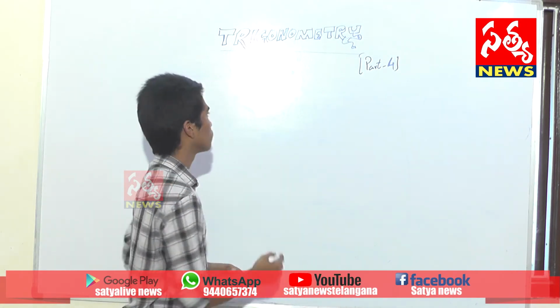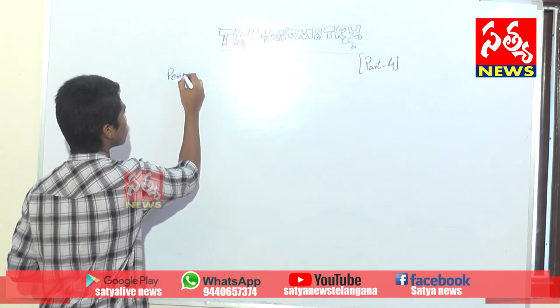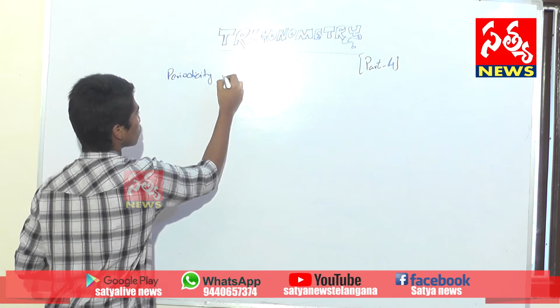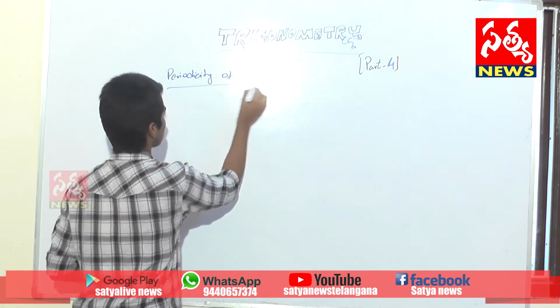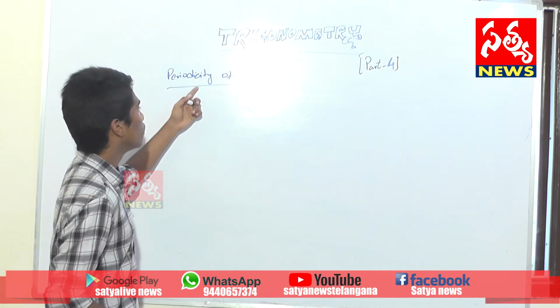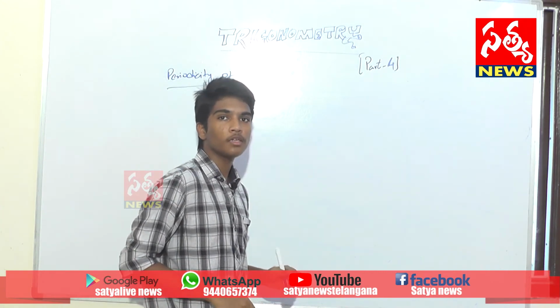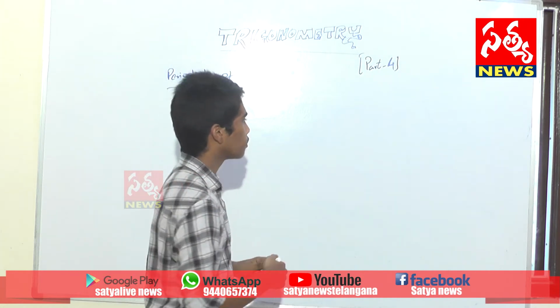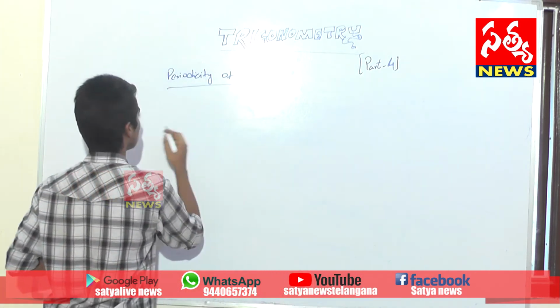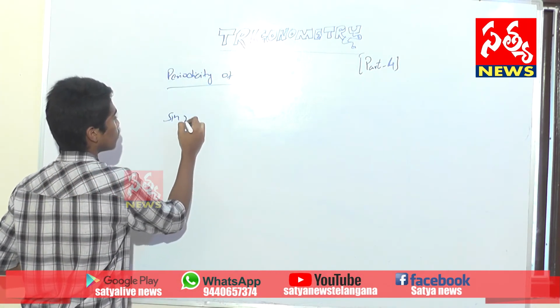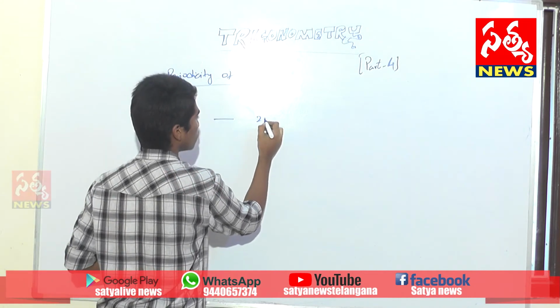Now let's discuss periodicity of trigonometric functions. What is meant by periodicity? Periodicity is a property of repeating the values. For example, sin x periodicity is 2n pi.